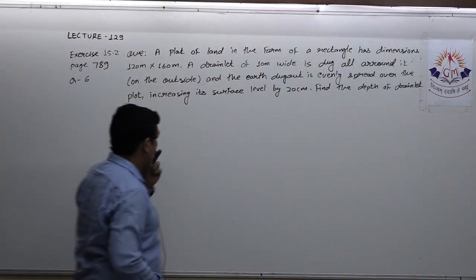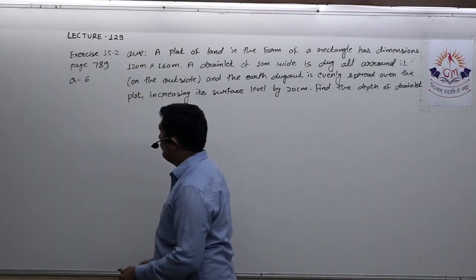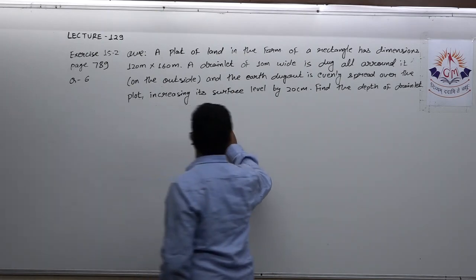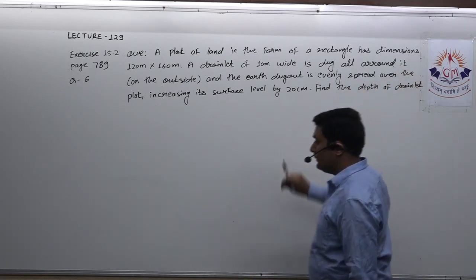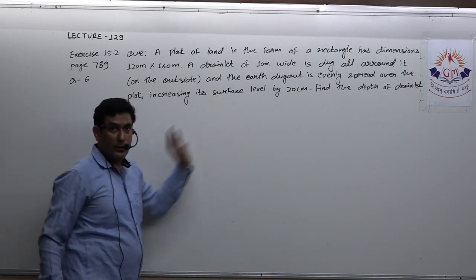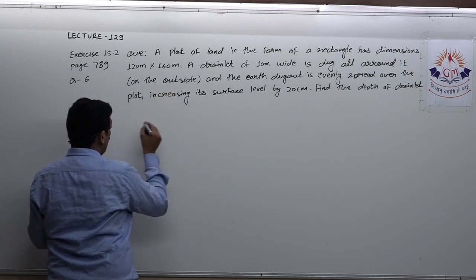Okay, so this is the next question taken from exercise 15.2, page number 789, question number 6. A plot of land is in the form of a rectangle whose dimensions are given. There is a drainlet whose width is 10 meter dug all around the plot, and it is also given the drainlet is outside the plot.